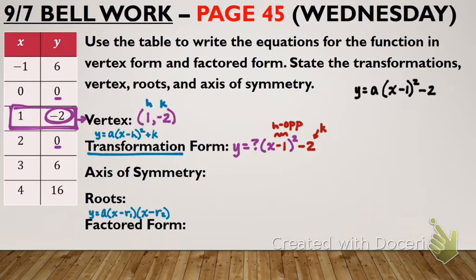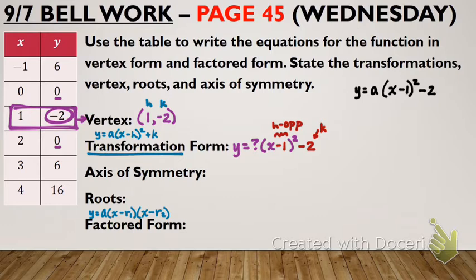I can pick out any one of those that I want to and substitute them in for the x and the y, and then we can algebraically work backwards to find what a would have to be. I can use any of the points off that table at all except the vertex, because we've already used those 2 numbers. What ordered pair do you guys want to use this morning?